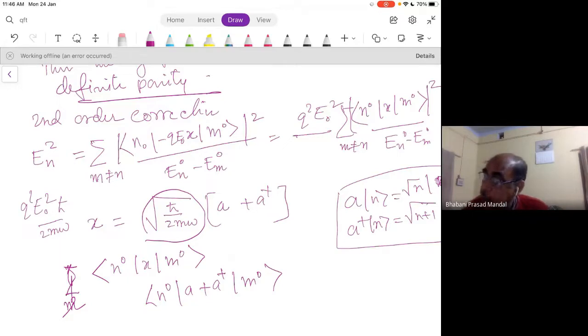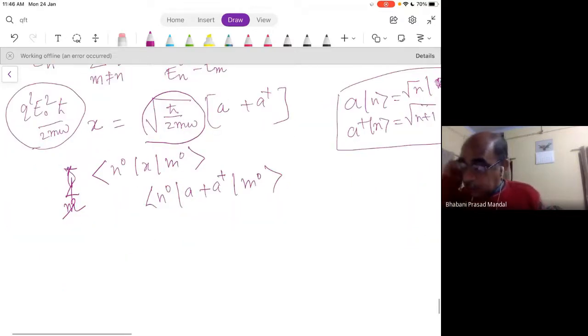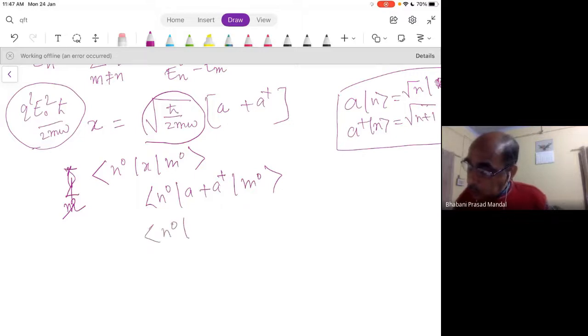The x is inside the square, so this is the factor outside. Now let us calculate this. What will be n0 a m0? It will be root of m0 times n0 m0 minus 1, right?